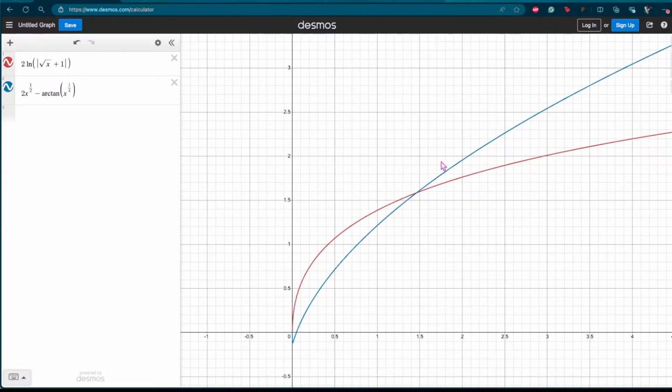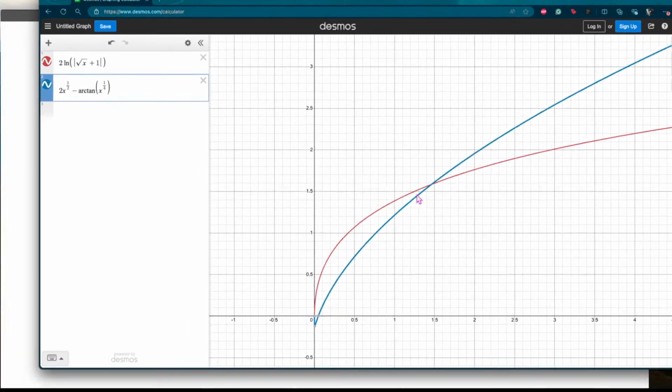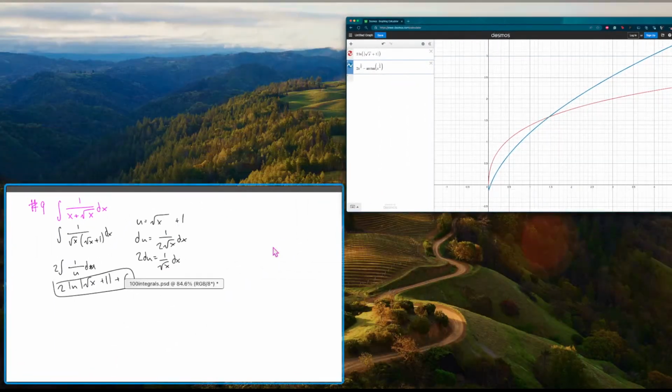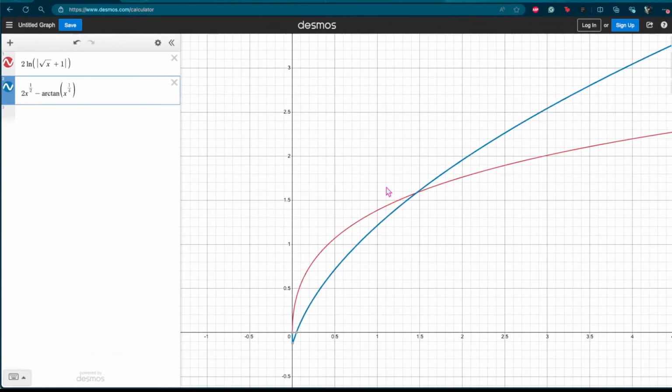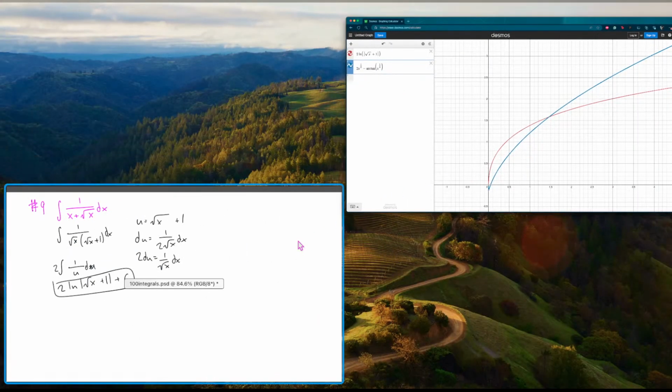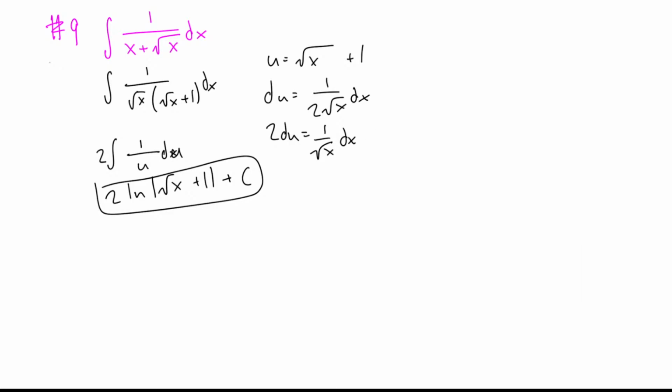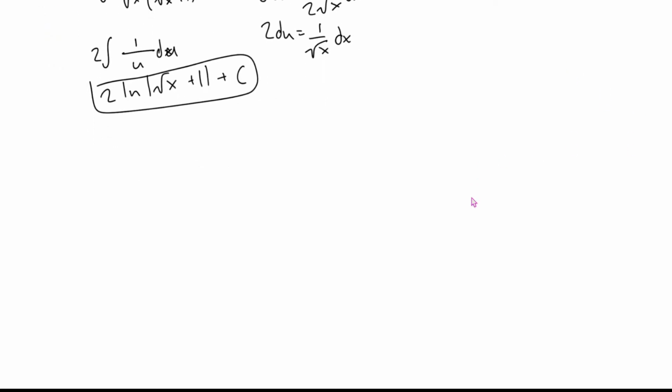I don't even know how. This doesn't match because all the work was correct. I probably did the substitution thing wrong. But oh well. On to number 10. Definite integral time. Let's go.